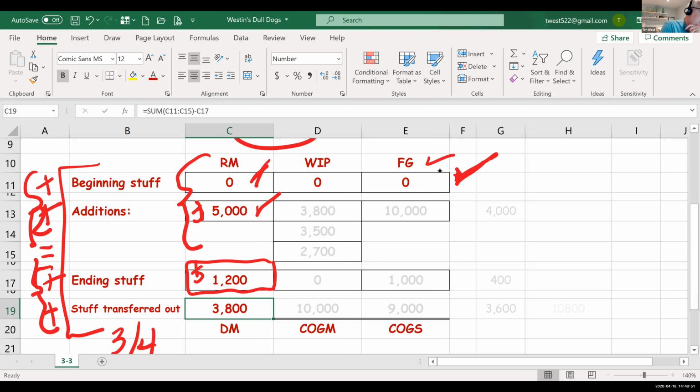As a result, we know the cost of the hot dogs and buns that were consumed in the production process, and that was $3,800. And we also know that, swoosh, it goes into our production process. Now, Art, you remember we have a special name for this, right? Oh dear.